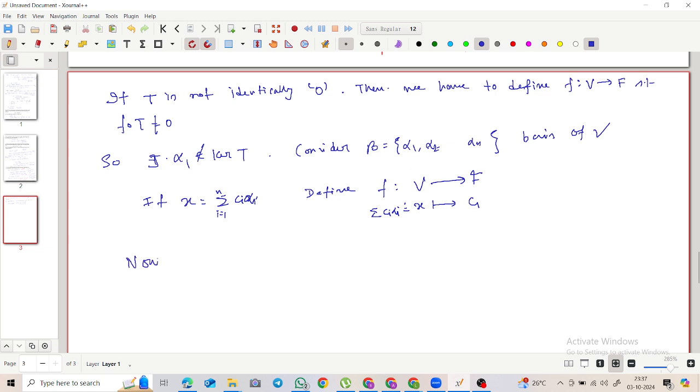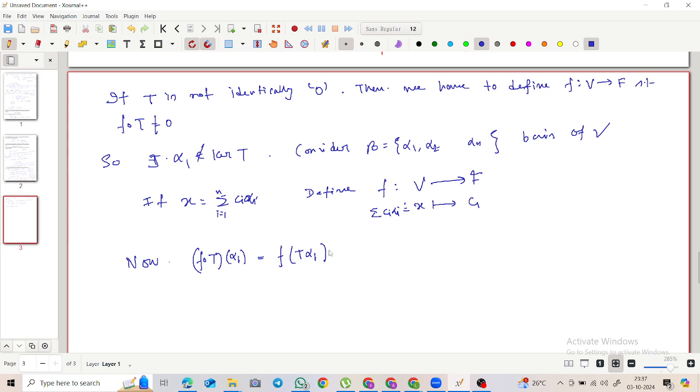Now what is f composed with T of alpha 1? What is that? That is f of T alpha 1, right? But can we say this is non-zero?